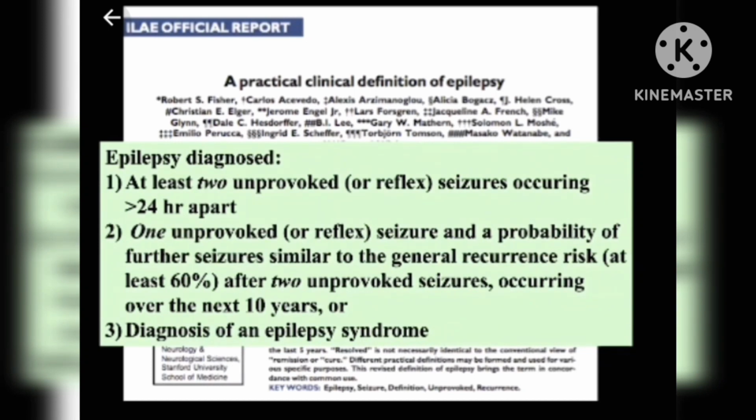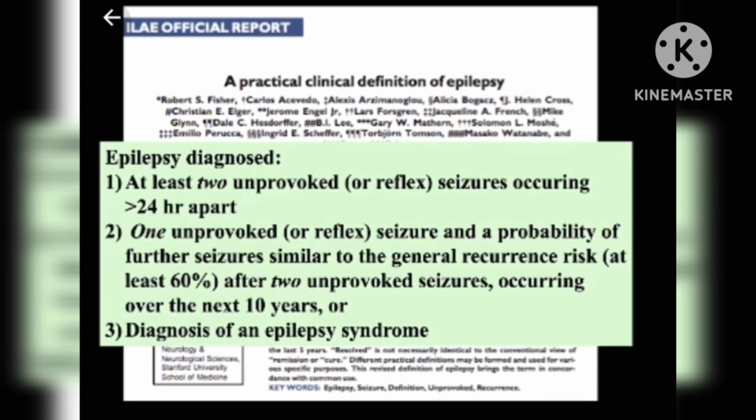We'll come to what is provoked and what is unprovoked, but at least two unprovoked seizures occurring more than 24 hours apart. So if somebody has two seizures within 15 minutes, although it is two seizures, it is not epilepsy. But if you have one seizure today and one seizure 24 hours later, then that could be epilepsy.